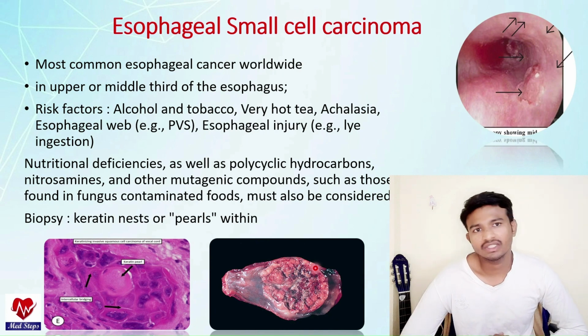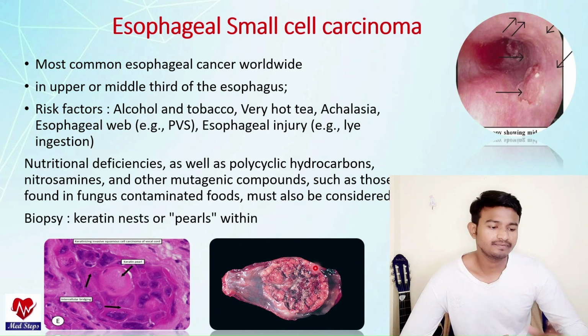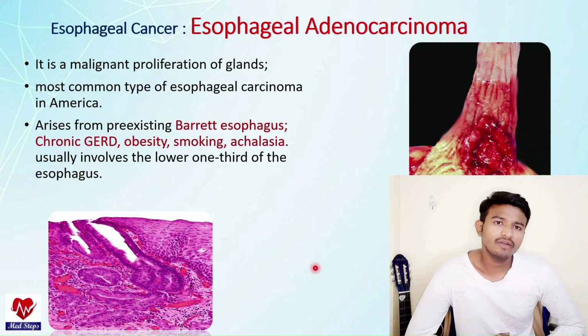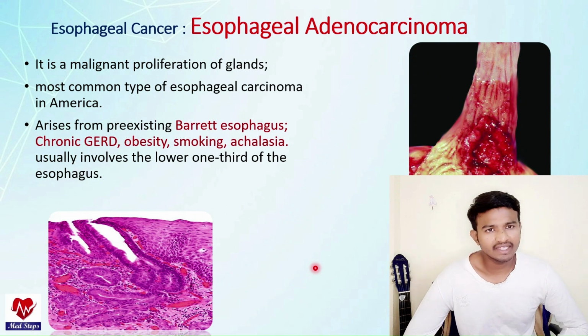Next, we are going to see adenocarcinoma. Adenocarcinoma of esophageal cancer means malignant proliferation of glands. This type of cancer is mostly present in America. Before this adenocarcinoma, we can see pre-existing Barrett esophagus, chronic GERD, obesity, smoking, achalasia.